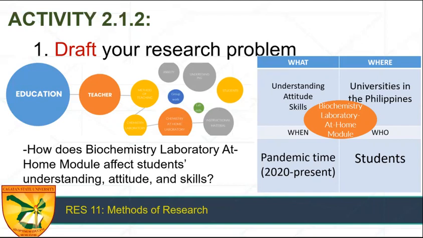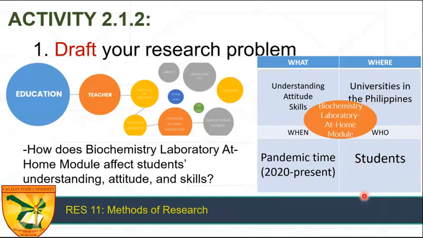And what about it? I want to see the effect on the understanding, attitude, and skills of who, the students, when, during the pandemic, and where, universities in the Philippines. So this is my cheat sheet in crafting my research problem.